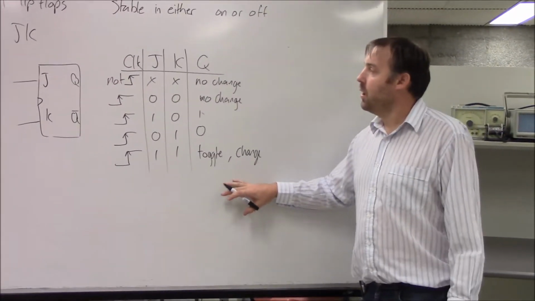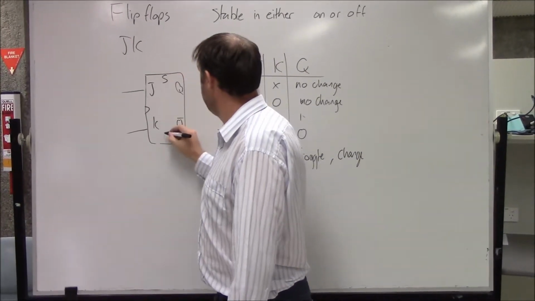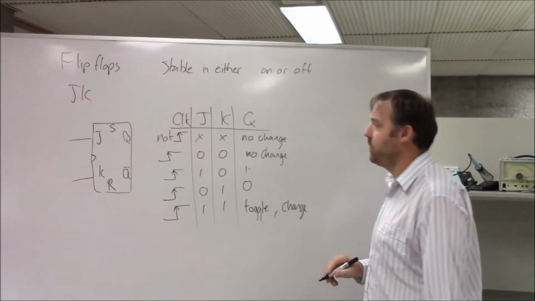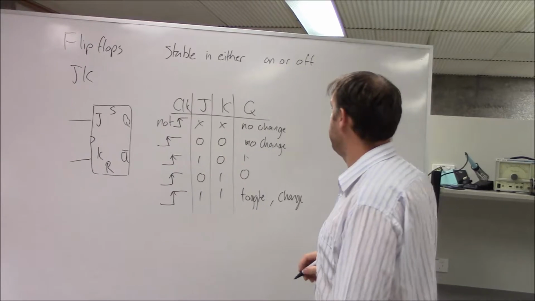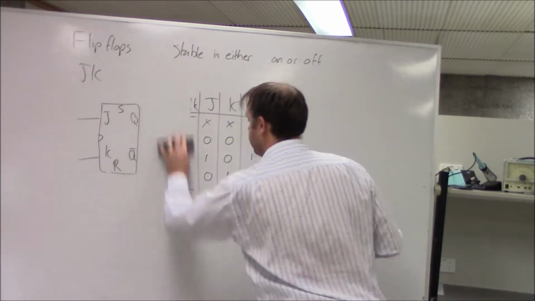Okay. Now the JK flip-flop has two other inputs, the set and reset. So we've got 5 inputs if you count the clock. And the truth table for that looks a bit like this.